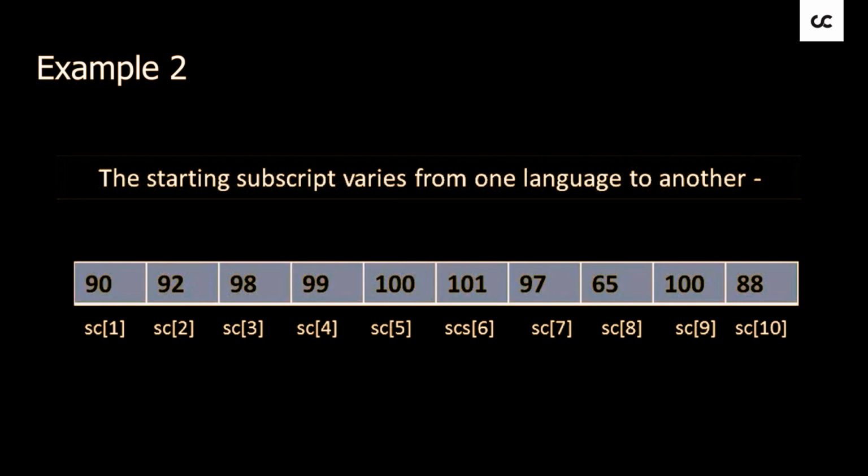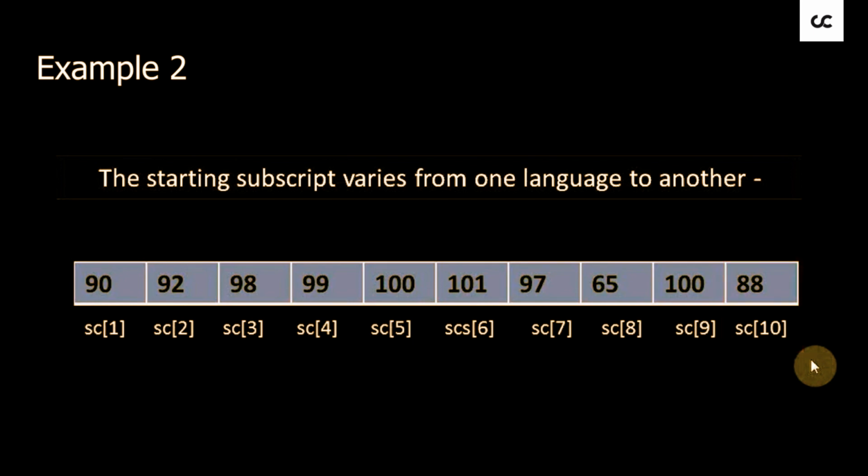Here, as you can see, the first element is SC1. This pertains to the score of the first student. SC2 pertains to the score of the second student, SC3, and so on. The total number of elements is 10, and because the first subscript was denoted with 1, the subscript of the last element was 10.